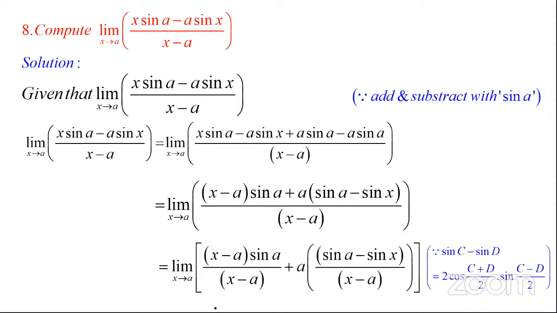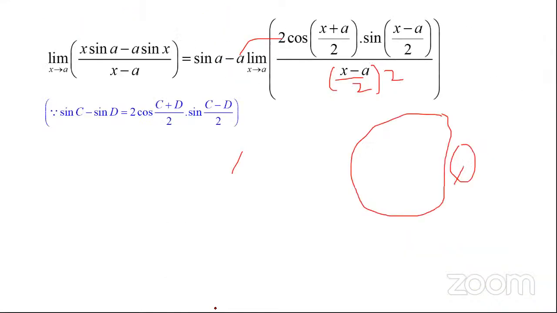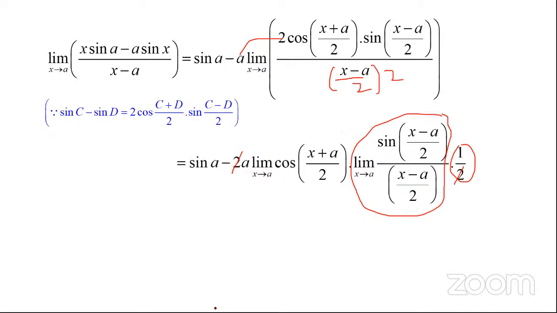Then you use the formula sin c minus sin d equals 2 cos of (c plus d) by 2 into sin of (c minus d) by 2. Simplify that. So these are the values: sin a minus a limit x tends to a of 2 cos of (x plus a) by 2 sin of (x minus a) by 2. From the denominator we don't have the 2, so we multiply and divide with 2.